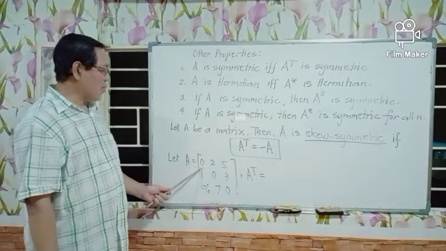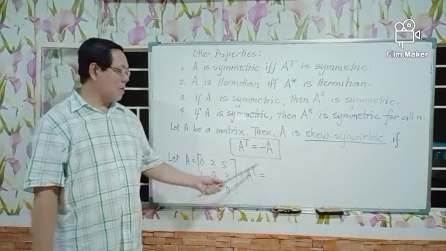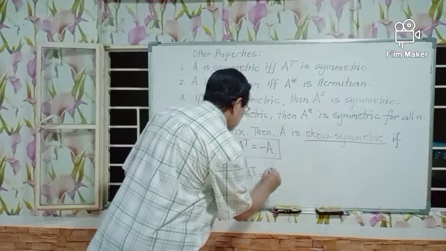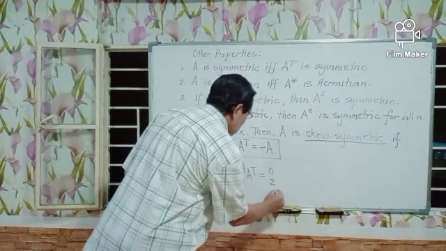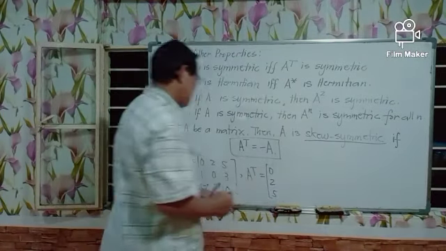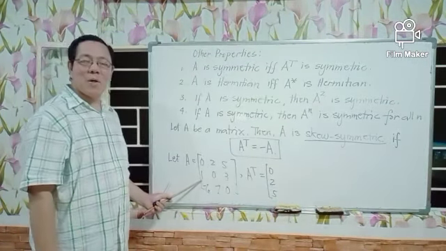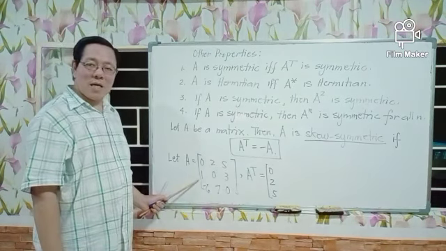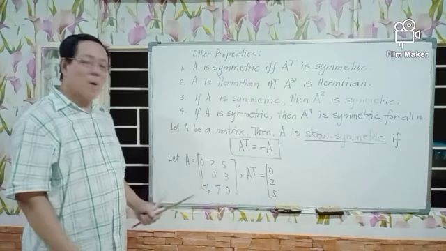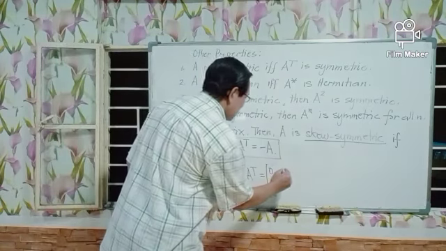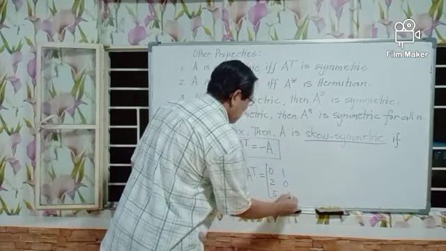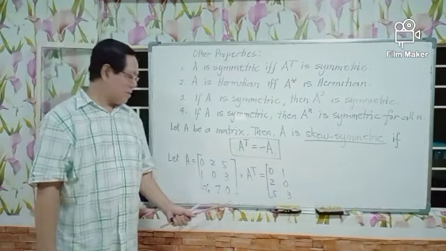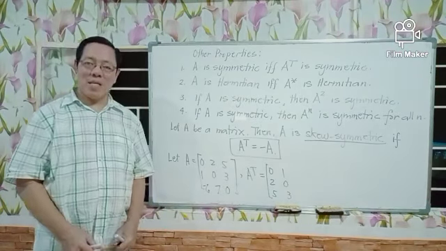So the first row of A, 0, 2, 5 becomes the first column of A transpose. And the second row of A we write as the second column of A transpose, 1, 0, 3. And the last row of matrix A we write as the last column of A transpose.